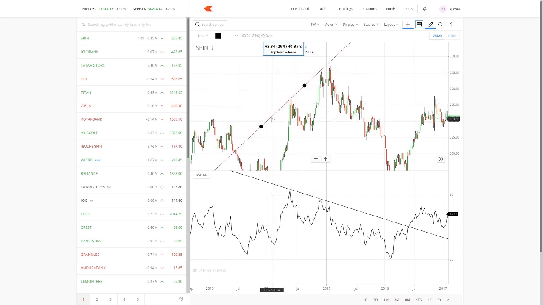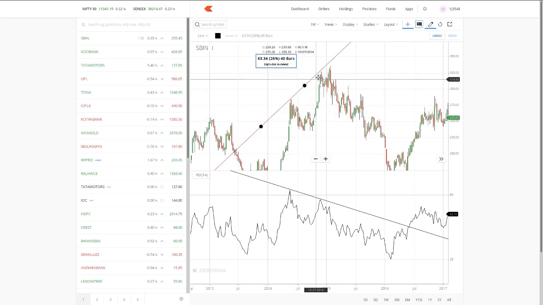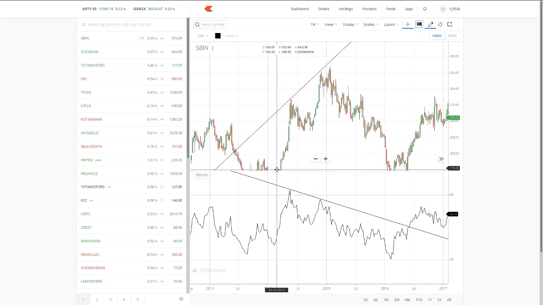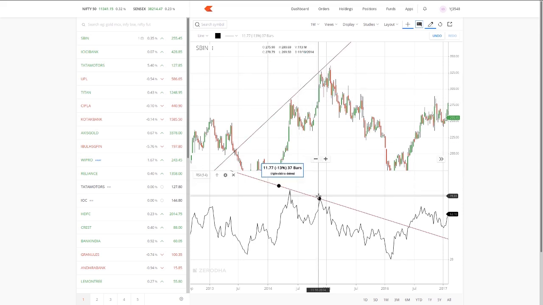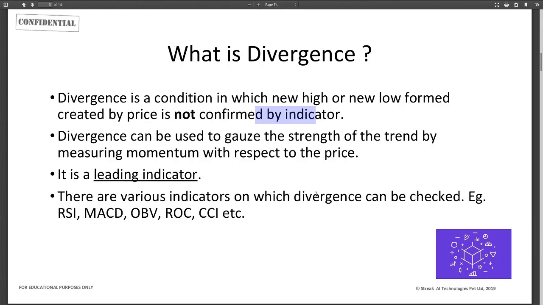To simplify, the price is forming new highs or new lows, whereas indicators are forming new highs or new lows in the opposite direction. Here the price has formed a higher high, whereas the indicator has formed a lower high. Divergence can be used to gauge the strength of the trend by measuring the momentum with respect to price.